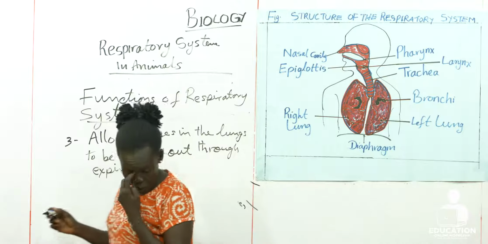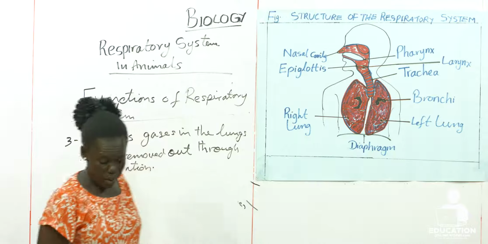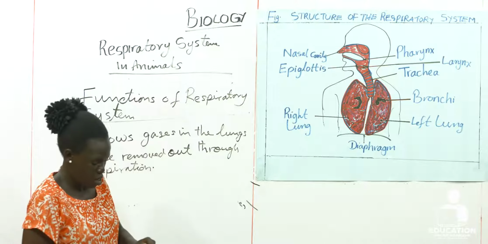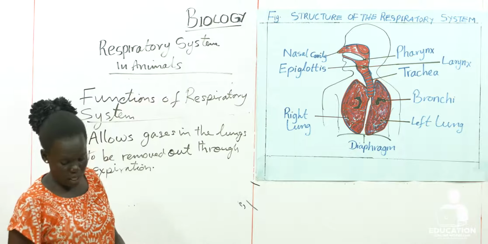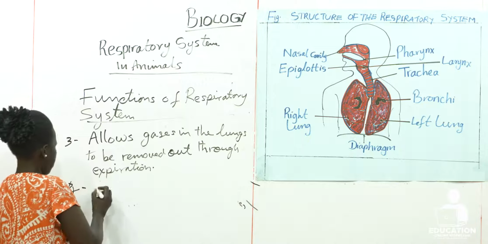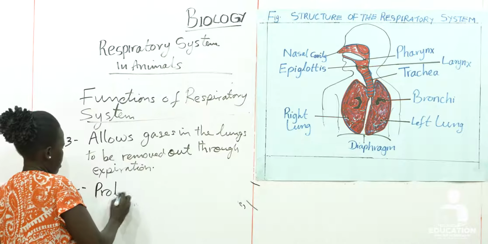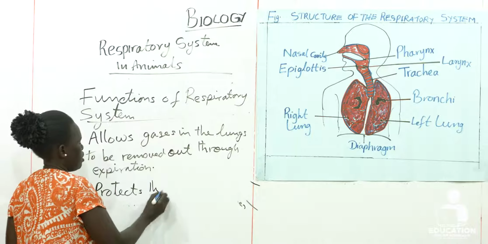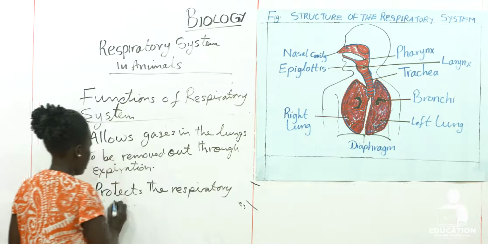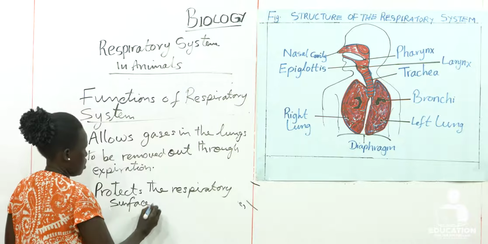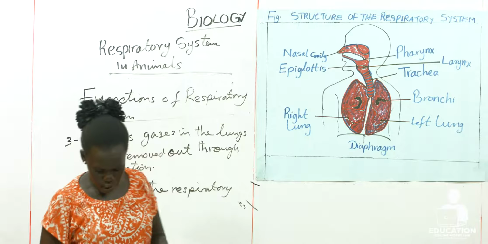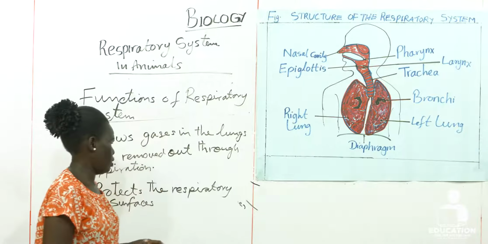The fourth function is that the respiratory system protects the respiratory surface from dehydration, change in temperature, and attack by pathogens.